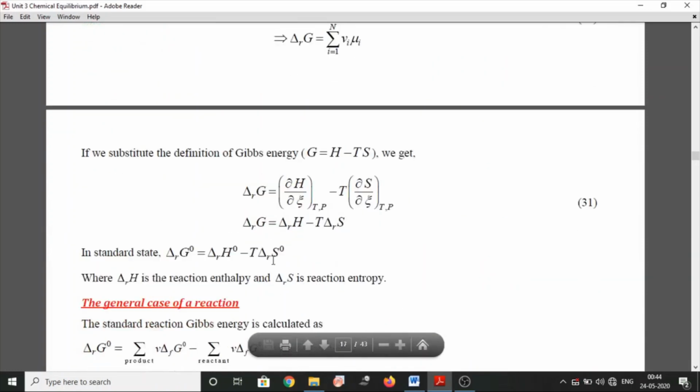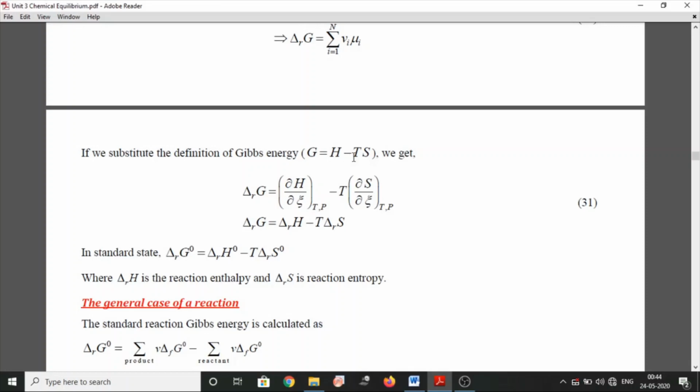Now, according to the definition of Gibbs energy, G is equal to H minus TS. So if I take the partial differentiation of this expression, what will I get? The partial free energy over the partial extent of reaction at constant temperature and pressure, equals the partial enthalpy over the partial extent of reaction.